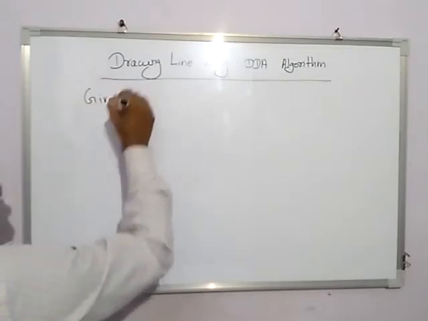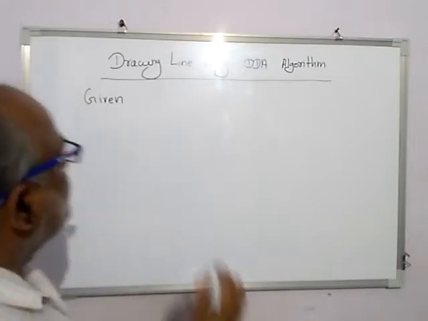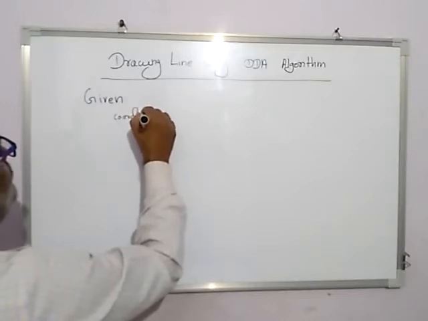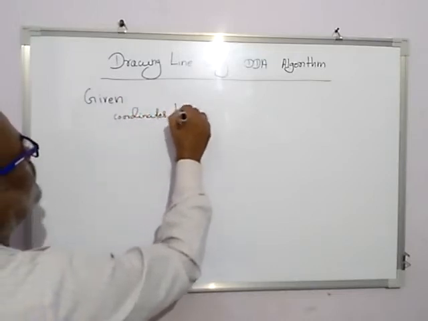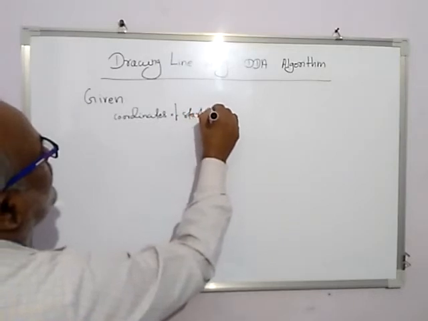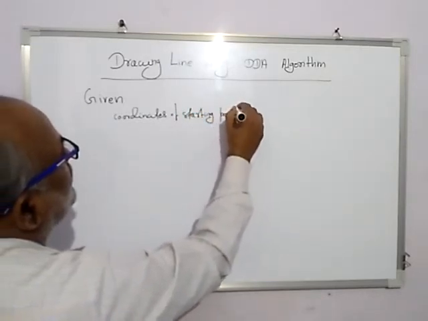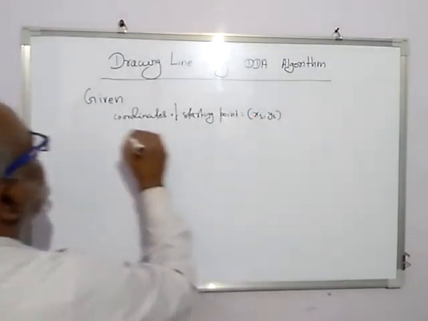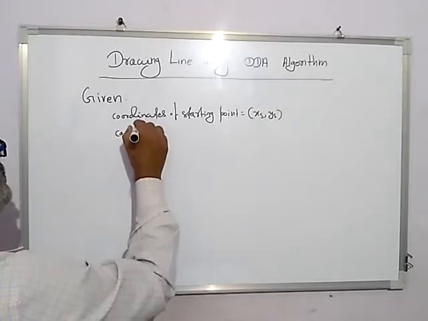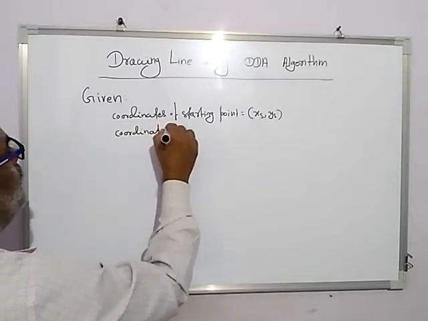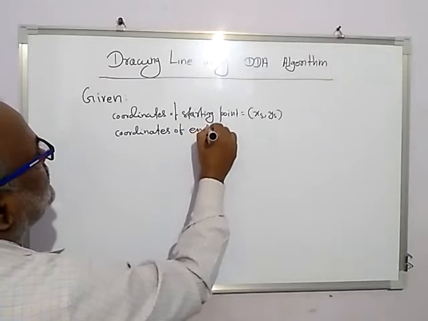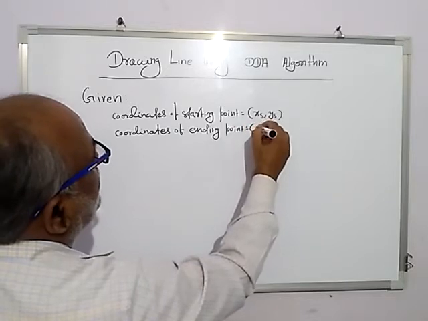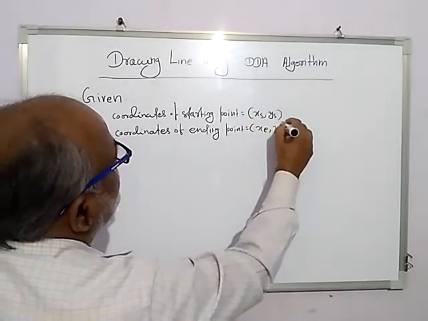Here, the starting point and ending point are given. Suppose the coordinates of the starting point are, let us say, xs, ys, and the coordinates of the ending point are, let us say, xe, ye.